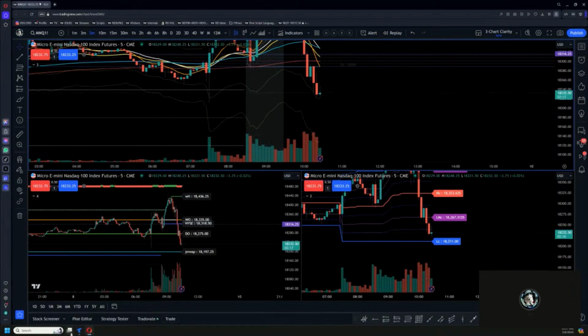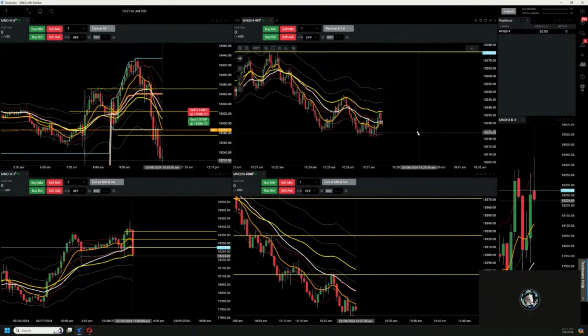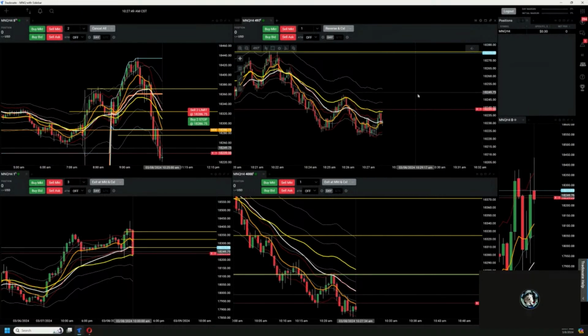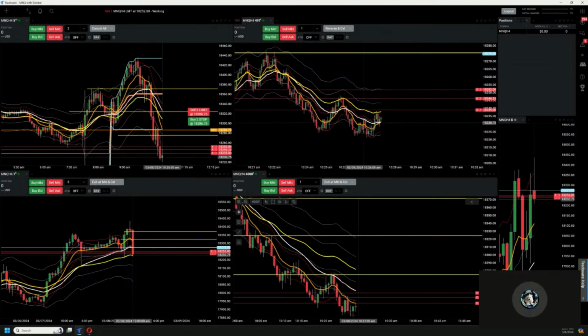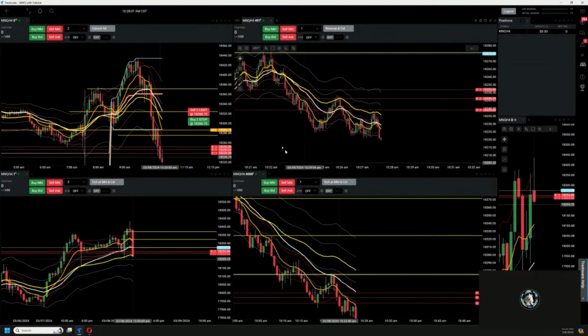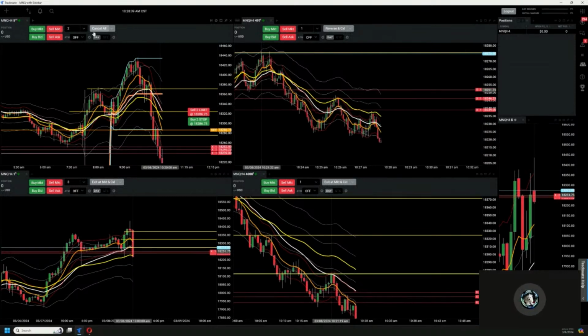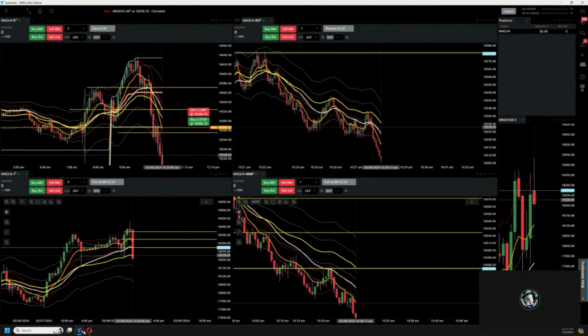Nope. This is definitely an elephant hourly candle. Yeah. I know there's 30 minutes left, but still. Didn't get picked up. Missed that trade. There we go.